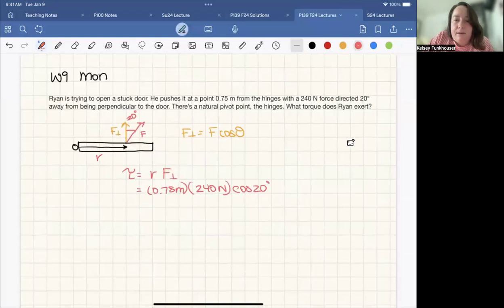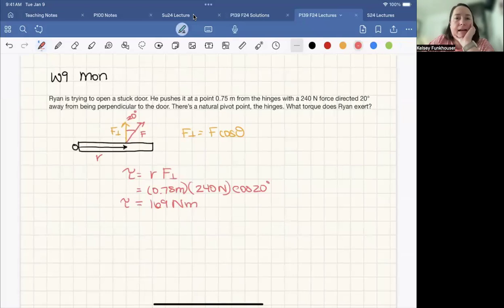Let's see if I can find where this one was. Yeah, so this one is 169 Newton meters. Much bigger, but in this case, the person is turning a door and not just a wrench. But yeah, not overly complicated when we just have the one force that we're looking at.